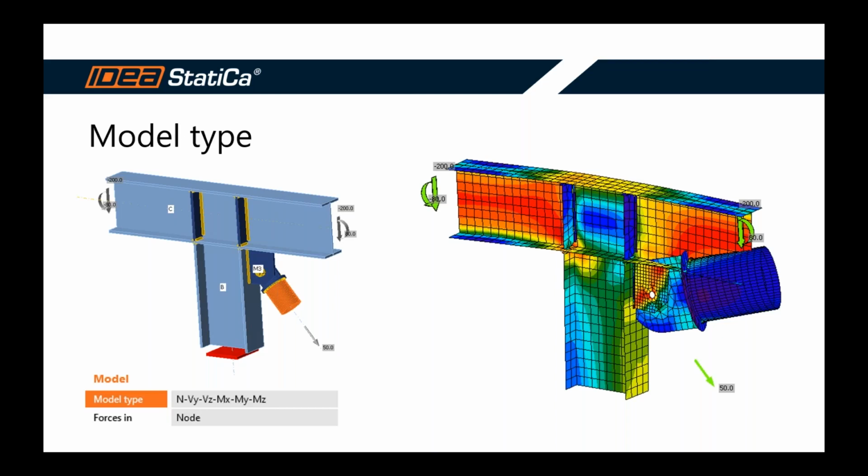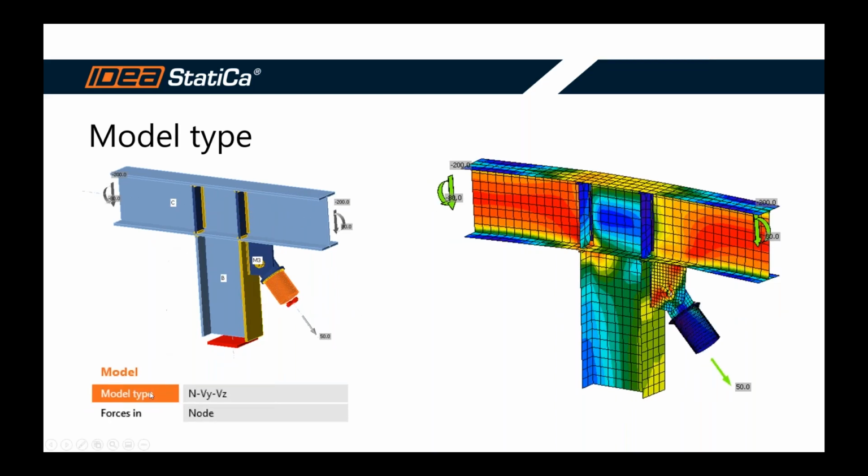It's usually held by only one bolt, and this bolt doesn't provide any restriction in rotation. Therefore, the model after the analysis looks like this. It's unstable. If we change the model type to be free in rotation, it means it will hold only the normal and shear forces. We will get the correct results.